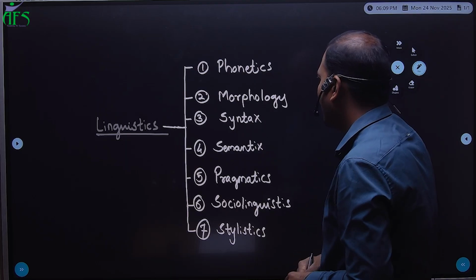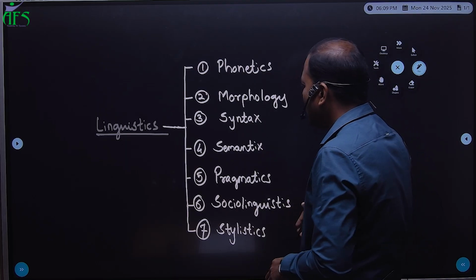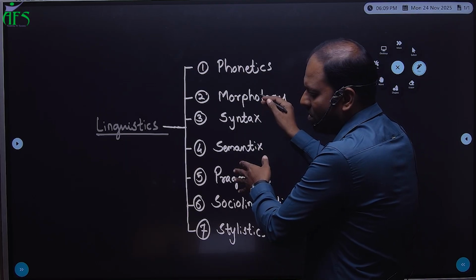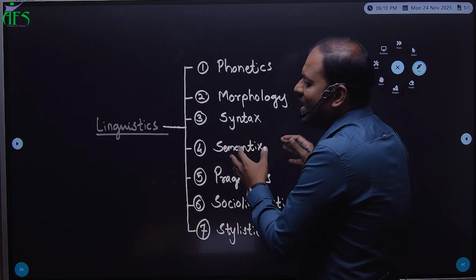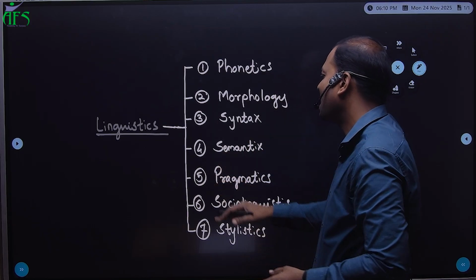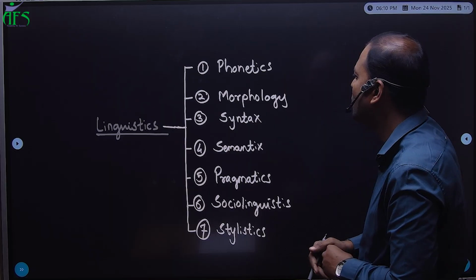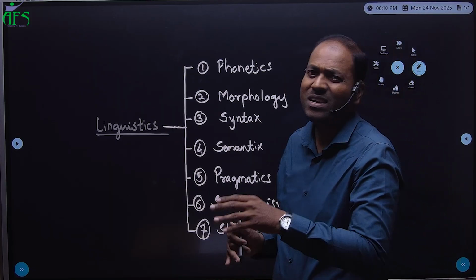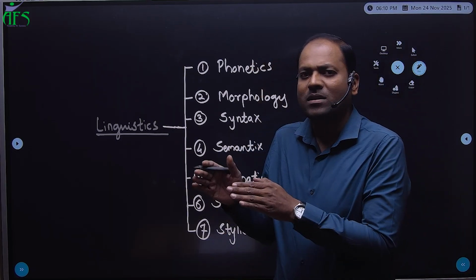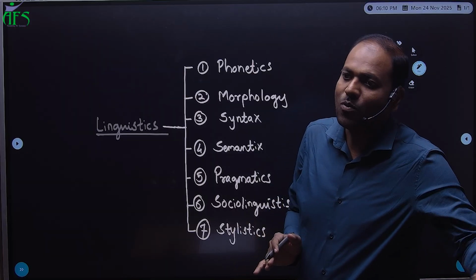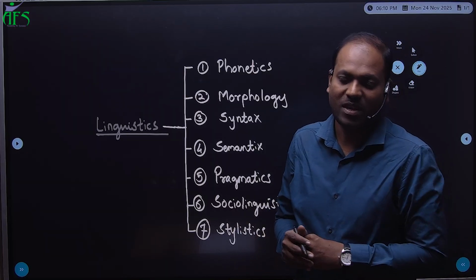So the definition of the word linguistics is the scientific study of a language, and linguistics carries all these branches, and all the branches give us the different characteristic features of that language. For example, phonetics means the scientific study of the sound pattern, the sound system in the language.